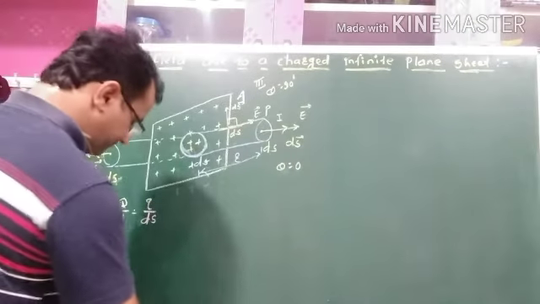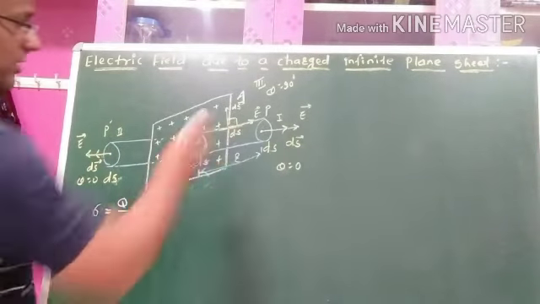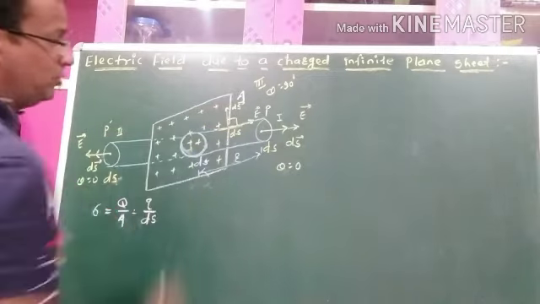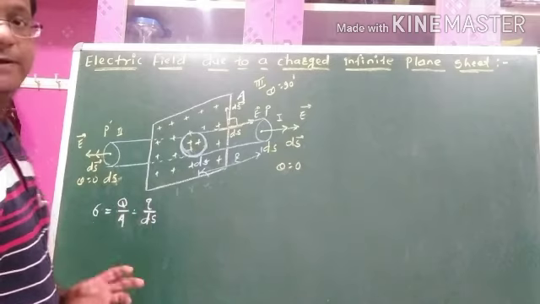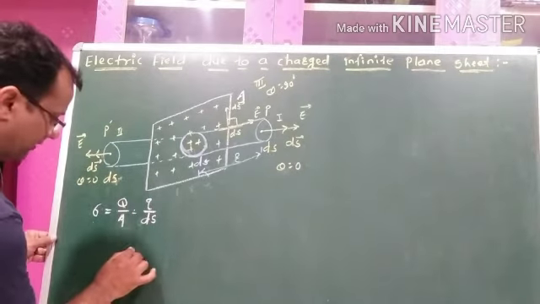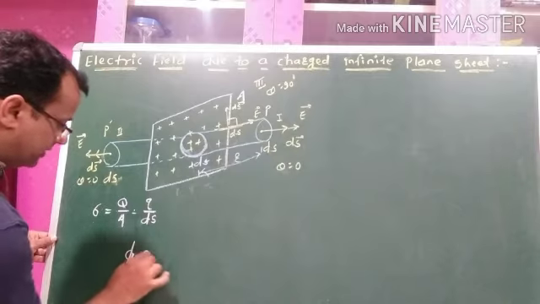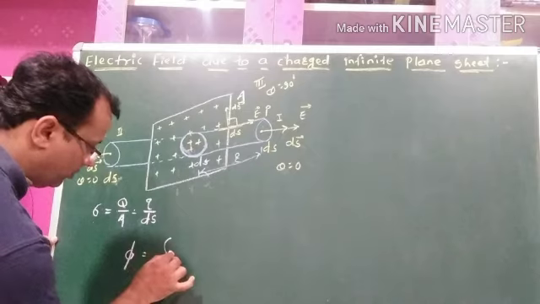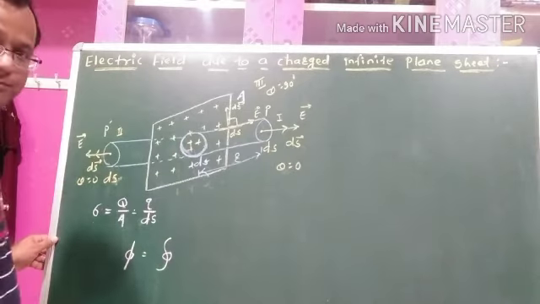See here, the electric flux passing through this Gaussian surface, which is the Gaussian cylinder, so phi is equal to the integration over the closed surface, right?